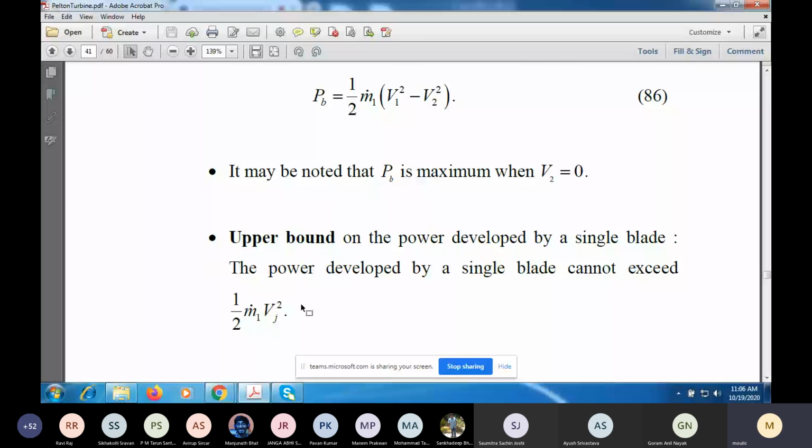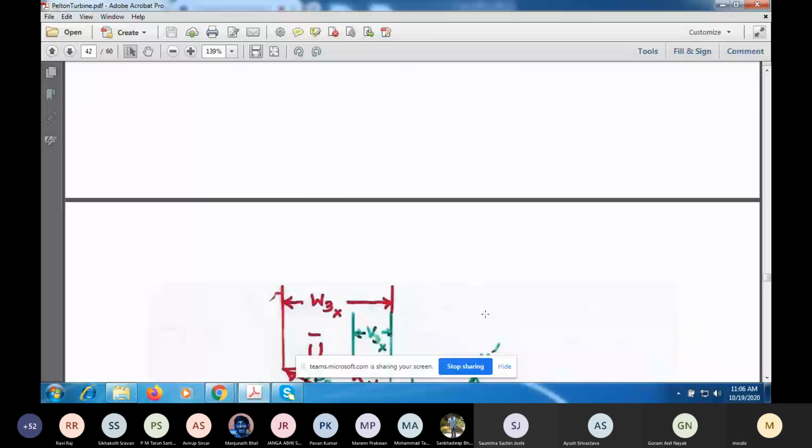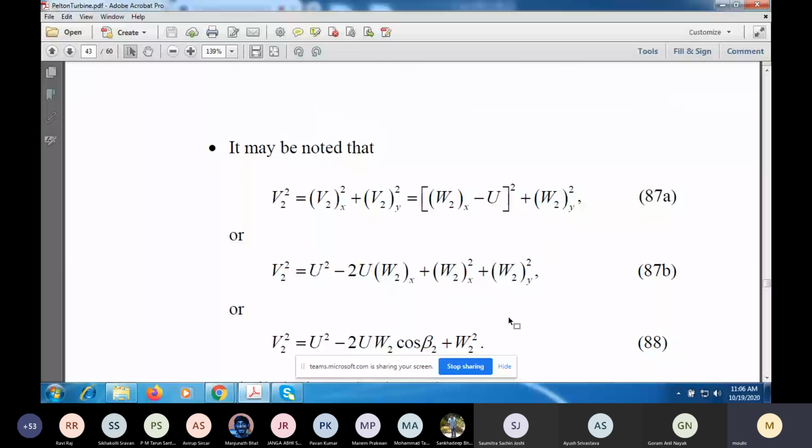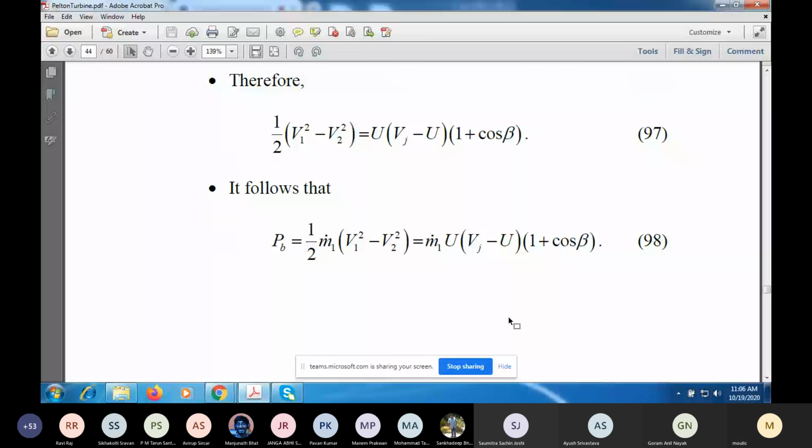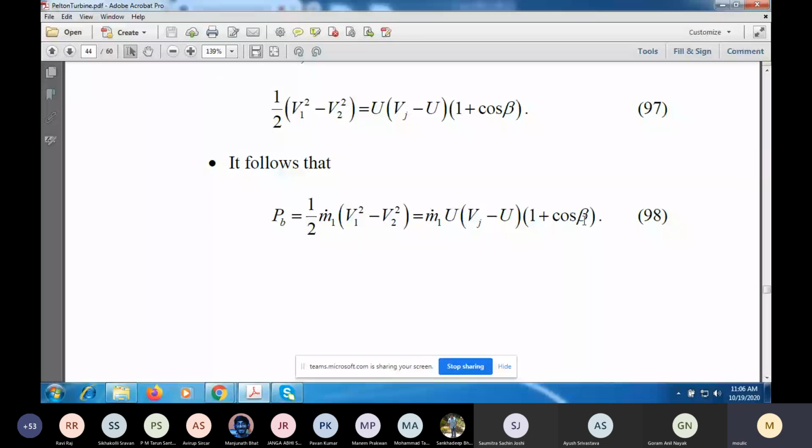Now we have talked about the power developed by an actual blade, and we have shown that when you subtract v2 squared, you have m1 dot u times vj minus u into 1 plus cos beta. Now beta is the blade angle, so if you can have a case where beta is 0, cos beta will be 1.